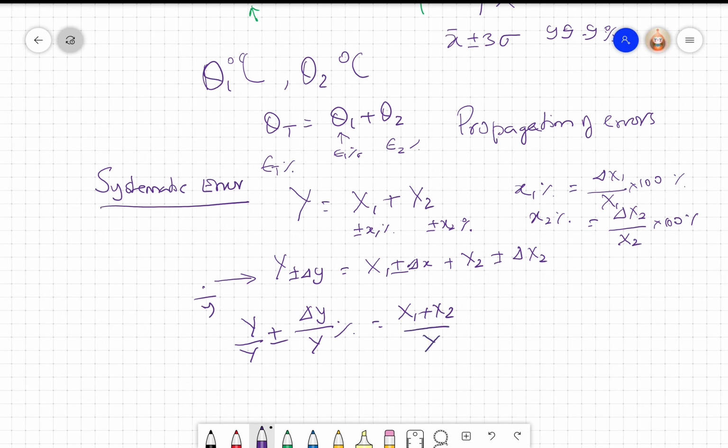See, I have taken this x1 plus x2 here, then plus or minus delta x1 by y plus or minus delta x2 by y. So this is 1, this is also 1, so 1 and 1 cancel out.